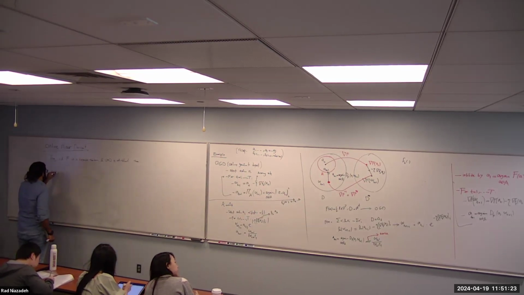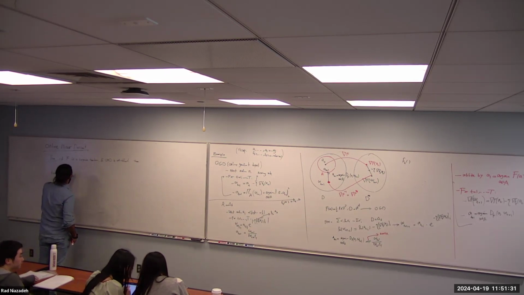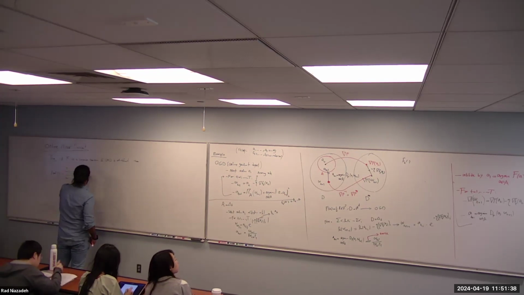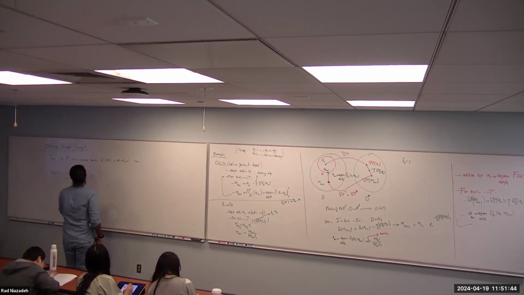So regret at time T is equal to the summation over t from 1 to capital T of f_t of A_t minus the best action's f_t, the same thing, f_t at A.